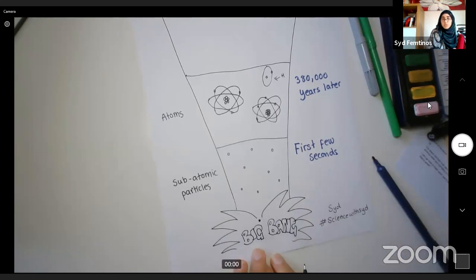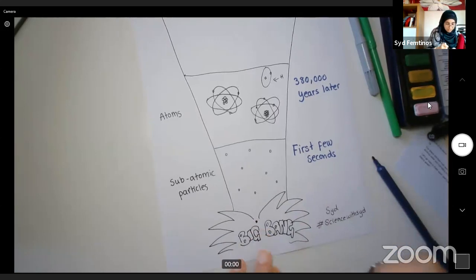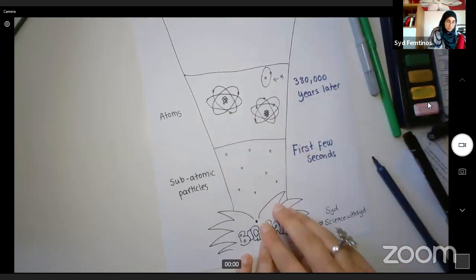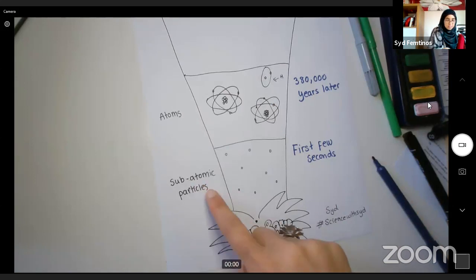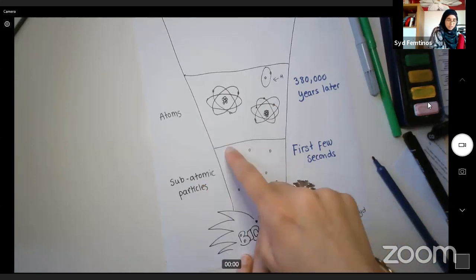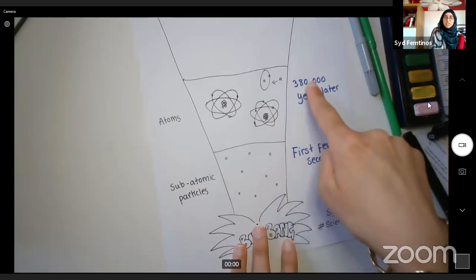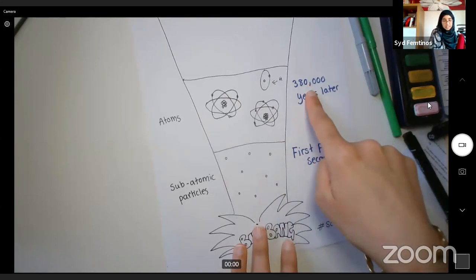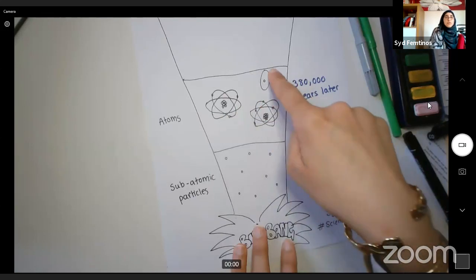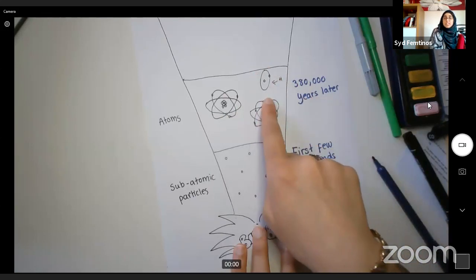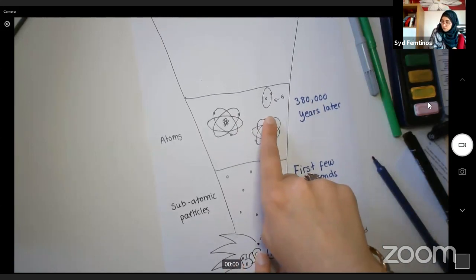We don't know what caused the Big Bang, but scientists think that if they go back in time, we started off as a really small, tiny dot, smaller than a pinhead. Then the first few seconds after the explosion, we had subatomic particles. So these are little electrons and protons and neutrons. 380,000 years later, we had atoms being formed, and the smallest atoms would form first. So hydrogen was the atom that's the most abundant in the universe.